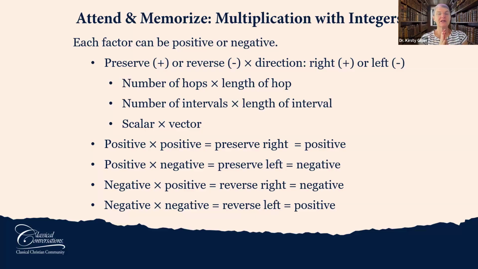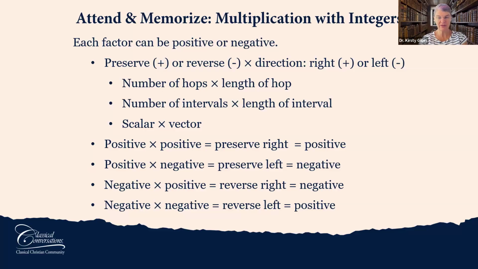Okay. If we think about that, when I have a positive times a positive, positive means preserve my direction. And then the second positive means I'm going right. So where do I end up? I end up with a positive, or to the right. If I have a positive times a negative, I'm preserving the left, or the negative.